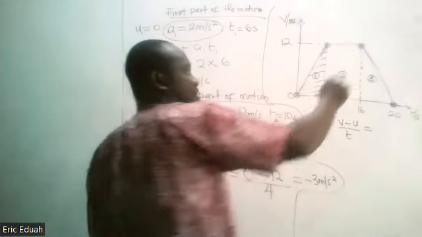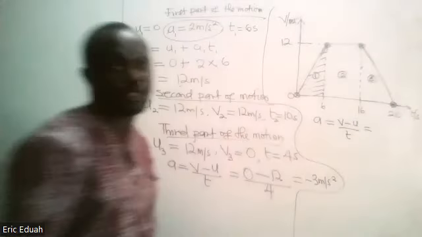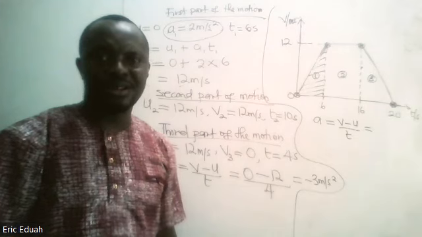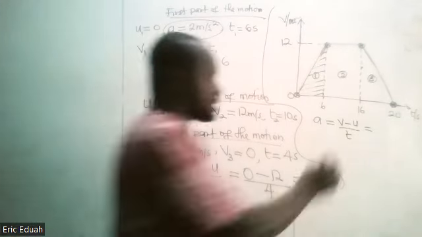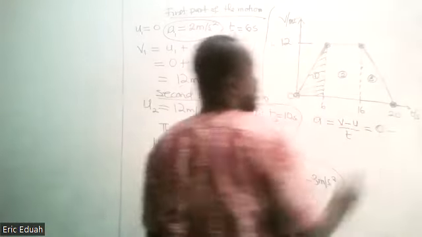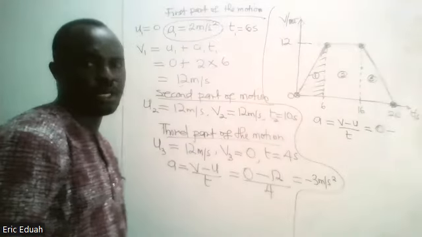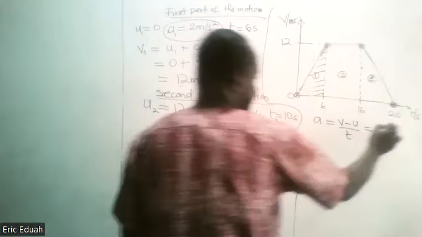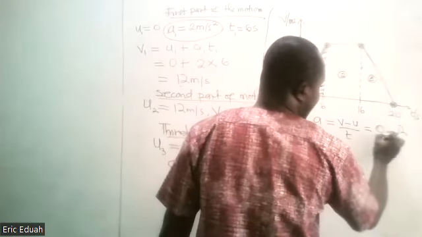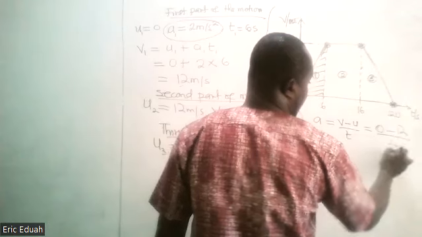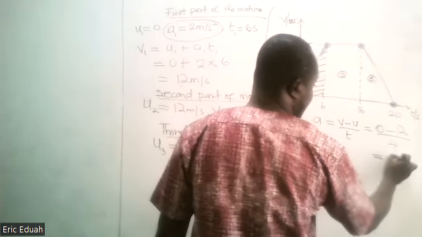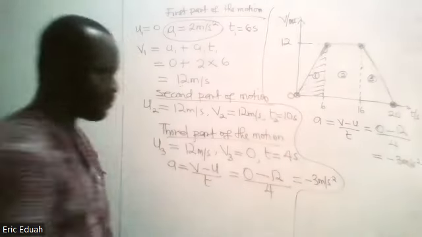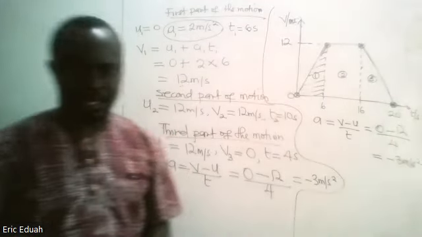What is the final velocity for the third part of the motion? 0. So 0 minus, what is our u, the initial velocity? It's 12, over an interval of 4. And this will also give us the same result as we had before. So there are so many ways.